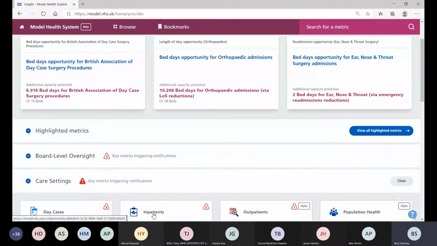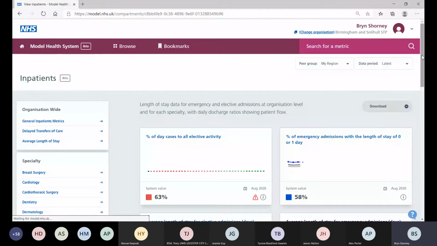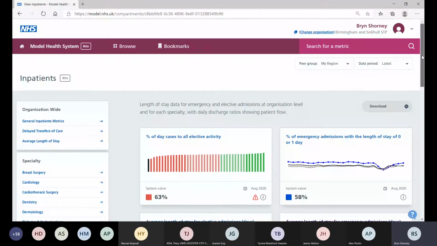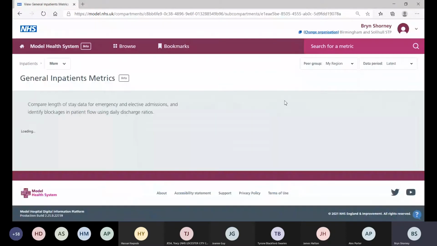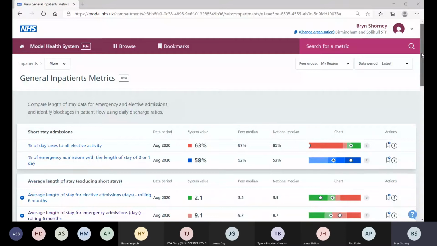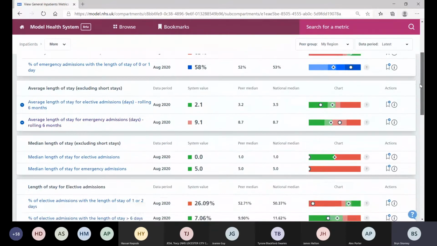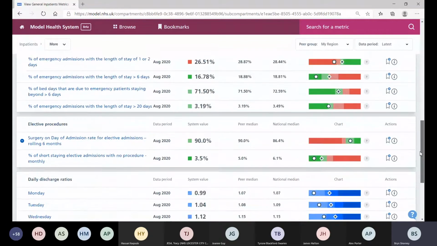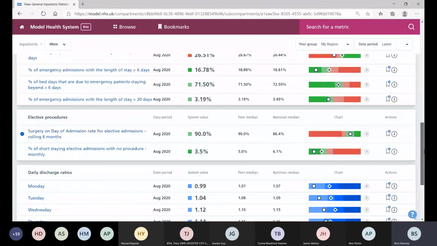And then similarly, we've got inpatients, which you'll be fairly familiar with as well from Model Hospital. So yeah, we've got the general inpatient metrics, covering length of stay, short stay admissions, and then down at the bottom, we've got the daily discharge ratios as well.